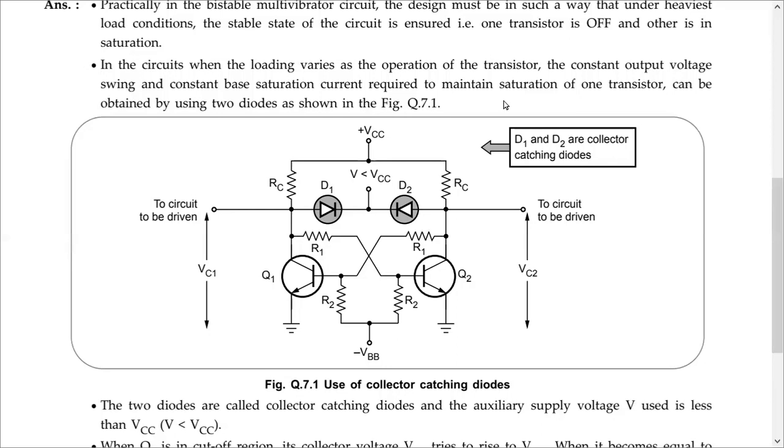Now, because of this connection, let us see what happens. Let us take the case when Q2 is on and Q1 is off. Off means high voltage, so there is a high voltage here.